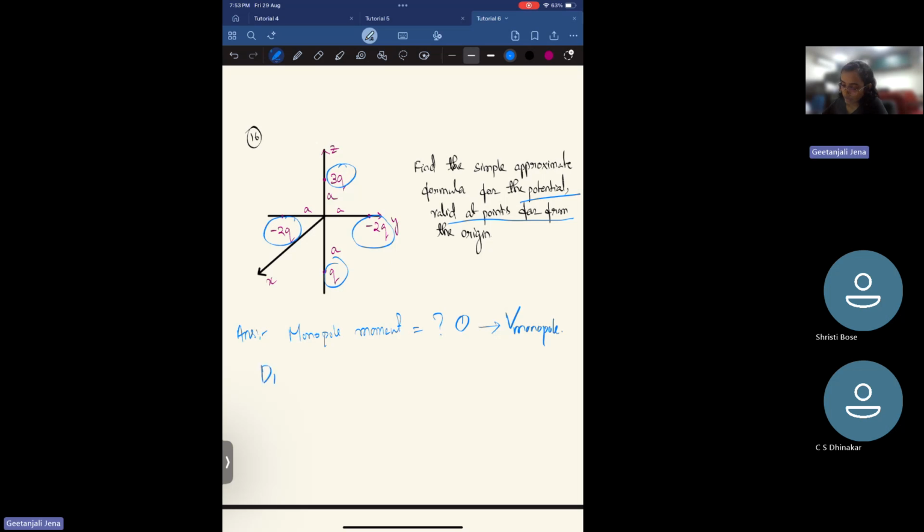Now let us see the dipole moment. Calculate it and let me know what will be the dipole moment. You can see here, the total charge is zero. So that means whatever origin you take, the dipole moment doesn't depend on the choice of origin. So just use the origin according to your own convenience and find out the answer.